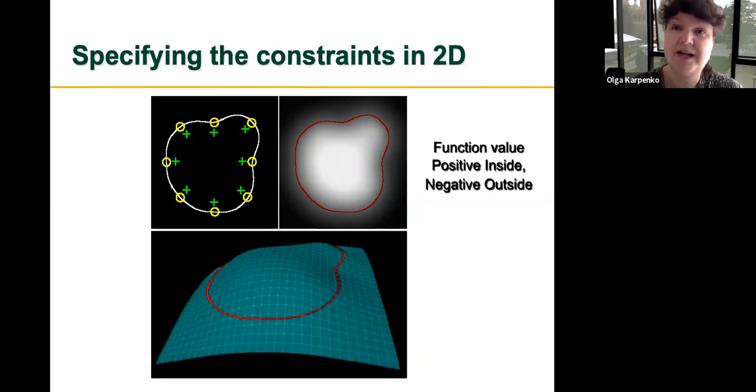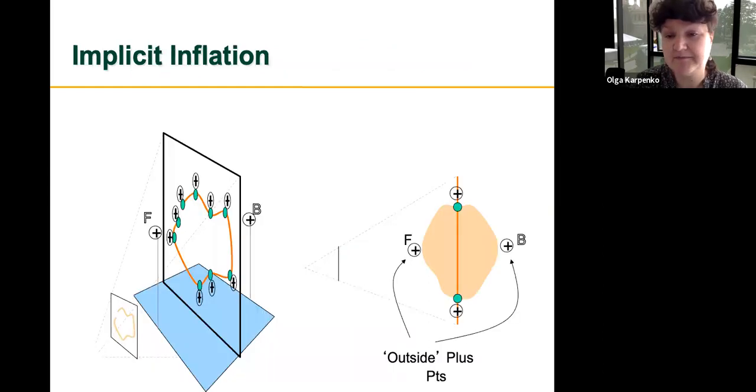So in 3D, we'll have 2-dimensional constraints, but also 3-dimensional constraints, as explained here. The 2-dimensional constraints come from the drawing of the user. So when the user draws a circle, for example, we'll sample that stroke, and those points will be our constraints. We want our surface to pass through them. Then, just like I showed you in the 2D case, we'll take all those points on the boundary and slightly move them along the normal outside of the contour and say, okay, here the function should be negative.